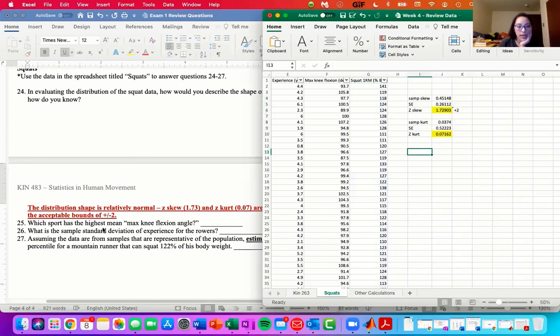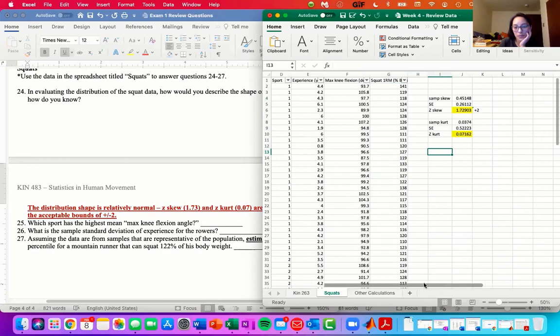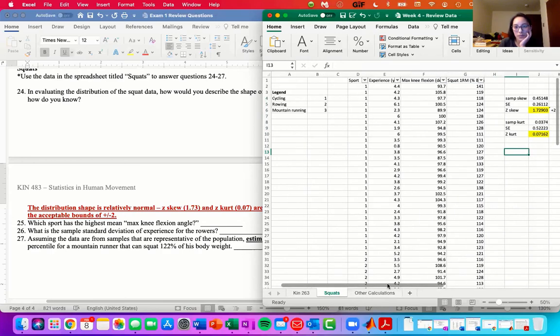Which sport has the highest mean max knee flexion angle? What do you think we might do for this? So we have a legend based on sports. You do the average, but you only go up until like 1 per second.